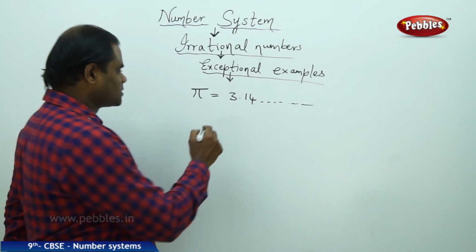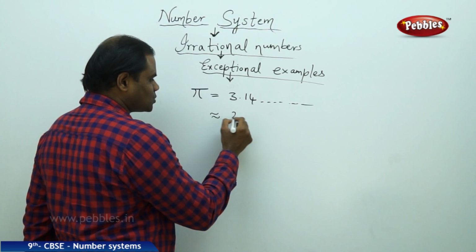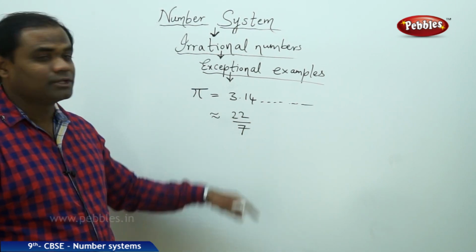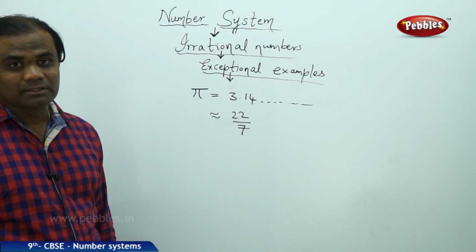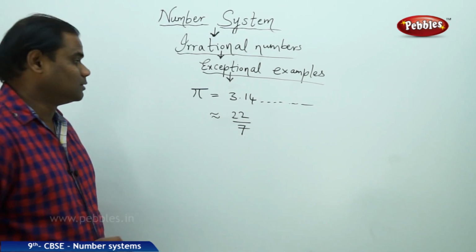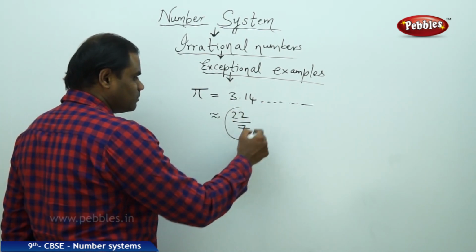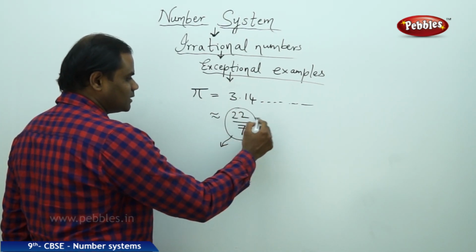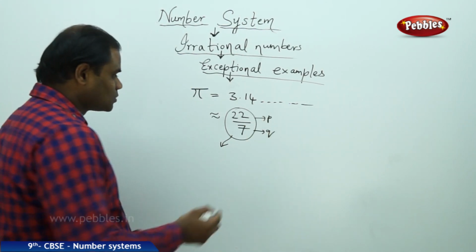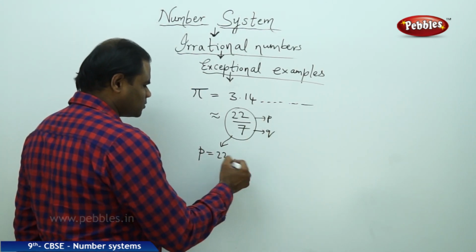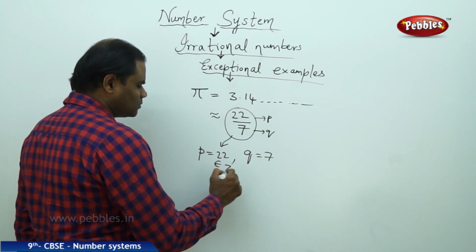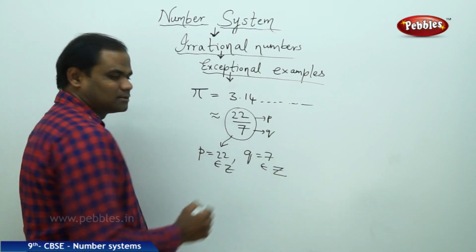Now this we approximately take as 22 by 7. So pi is approximately 22 over 7, but let's see if this is a rational or an irrational number. When I go with pi being 22 by 7, I clearly see that its p is 22 and its q is 7, so that my p is 22 in the numerator and my q is 7 in the denominator, and both belong to Z.